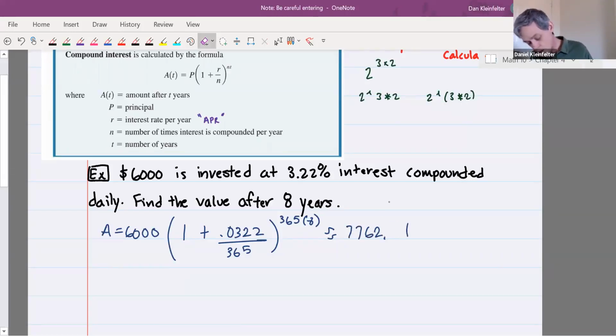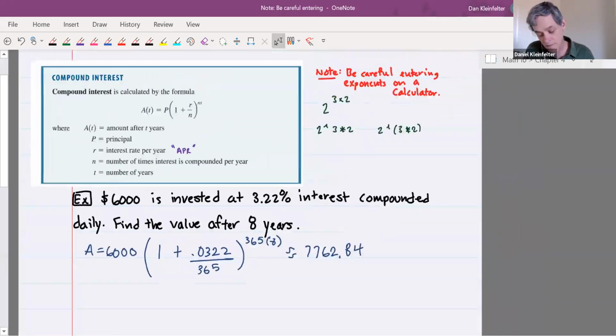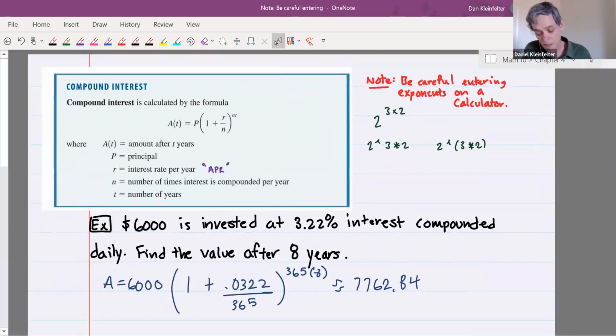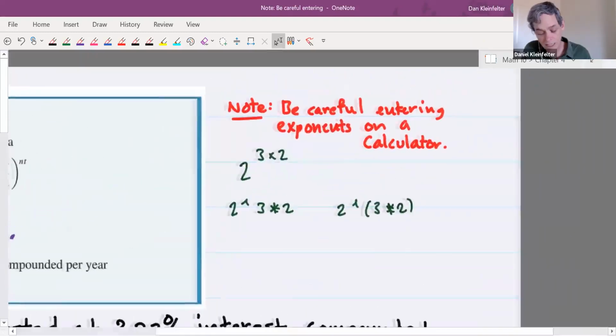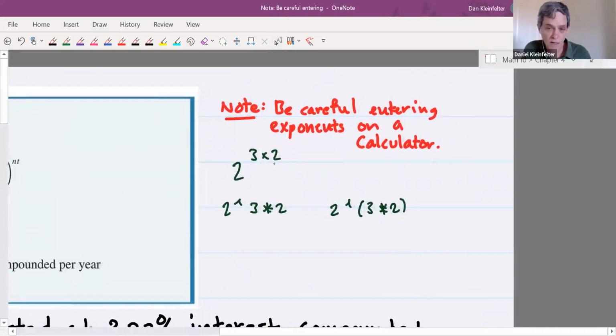Okay, when you are entering some of this stuff into your calculator, you want to be really careful how you type it in, especially with exponents. For example, let's say you wanted 2 raised to the 3 times 2 power. 3 times 2 is 6, right? 2 to the 6th power is 64.